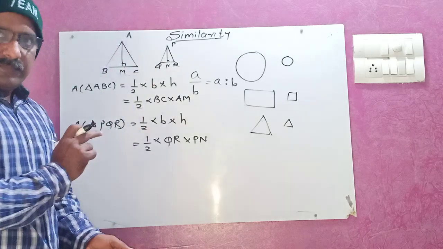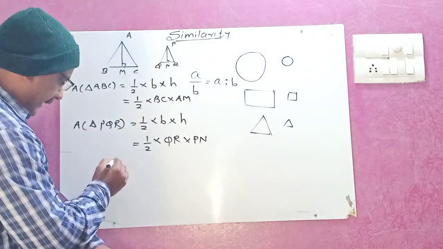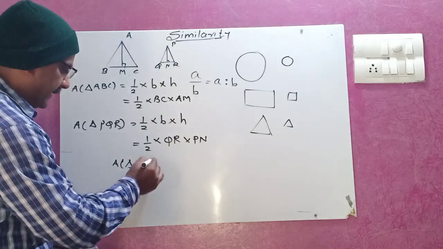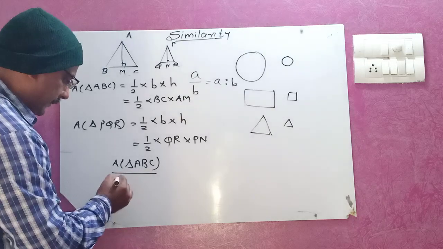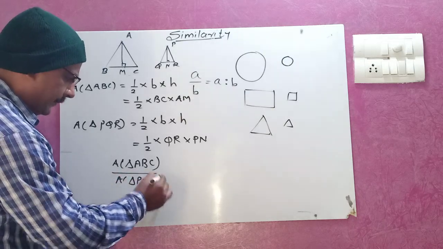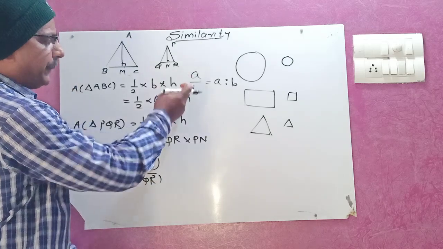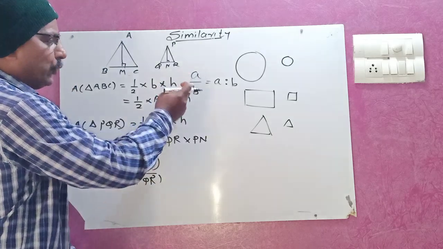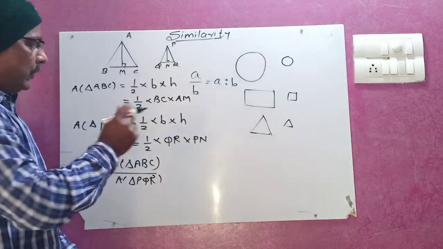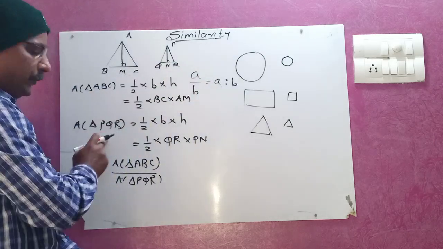As I said, I want to find out the ratio of the areas of these two triangles. That means area of triangle ABC upon area of triangle PQR. Like here I said, children, A upon B, A ratio B, A is to B. Similarly, I need to find out the ratio of areas of these two triangles.